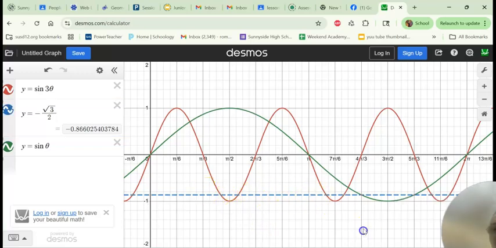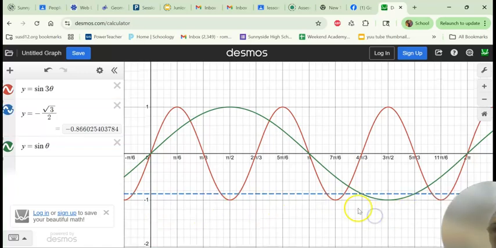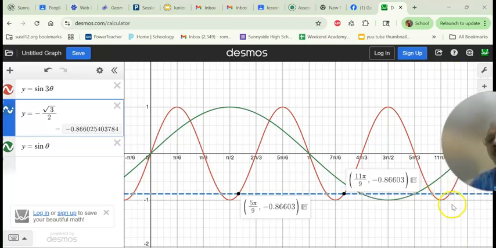Let me do all this again. So 1, 2, and these are the first answers: 4 pi by 9, 10 pi by 9. Next one, I'm going to use the other one. This is 5 pi by 9 plus 6 is 11 pi by 9, and here it is. And you're done.